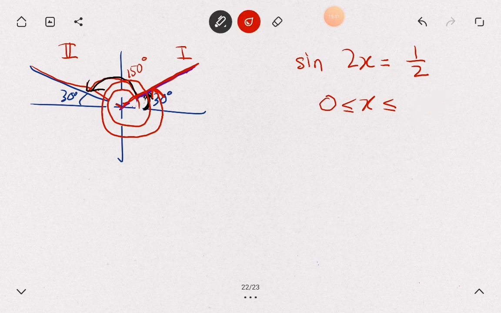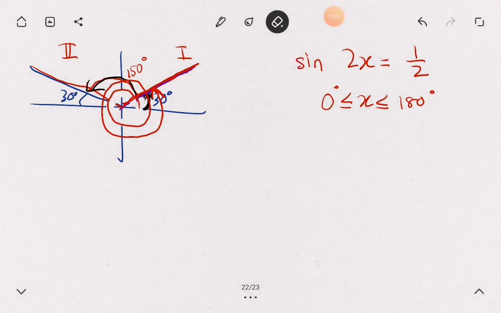Depends, whatever they want. 0 and 360 degrees, or they can even give you, say, negative 180 and positive 360. They'll give you a range, so your answers must all be within the range. So let's say 0 and 180 degrees, to make this example simpler.